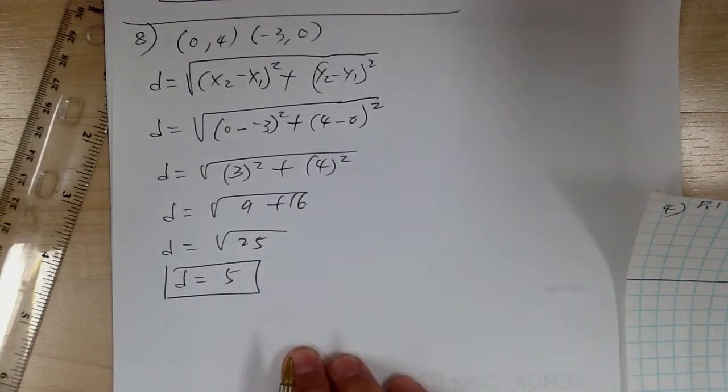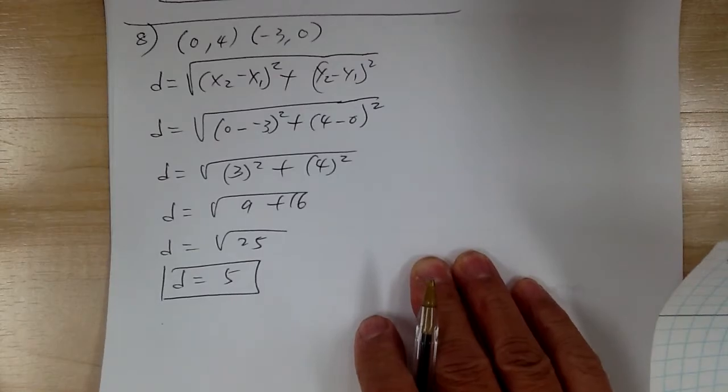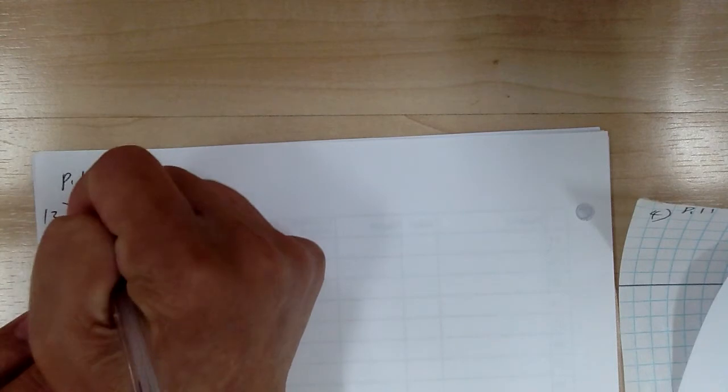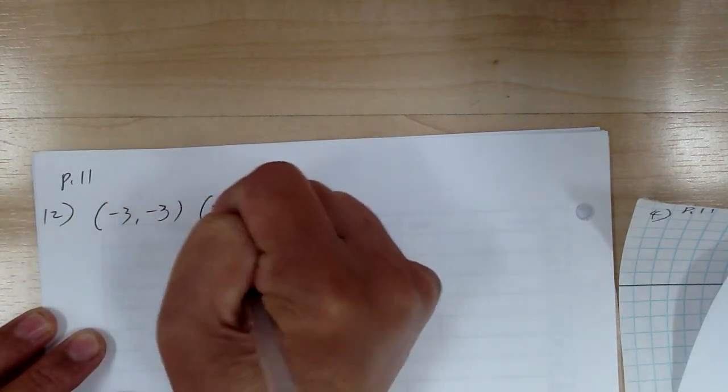Okay. And make sure you read the instructions. Make sure you answer all parts. Okay, let's go to the next one. Number 12 is the same thing. You got 2 points: negative 3, negative 3, and (2, 2).